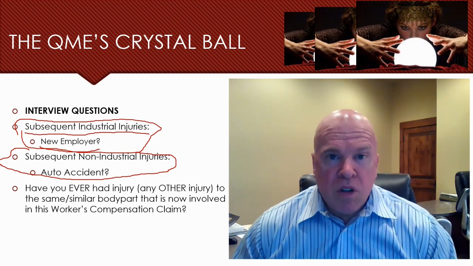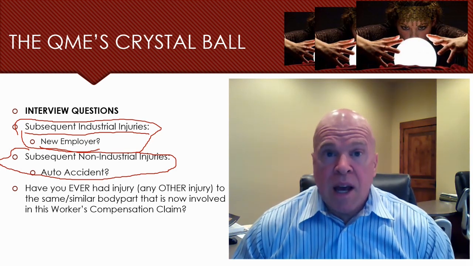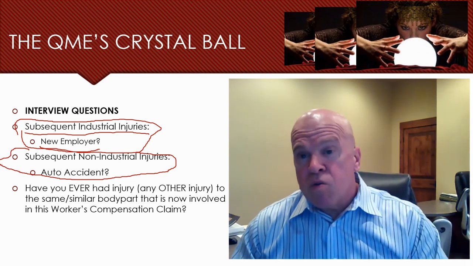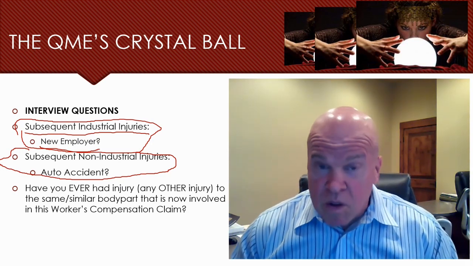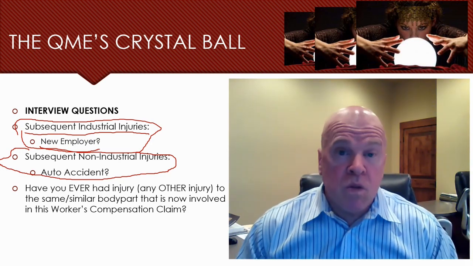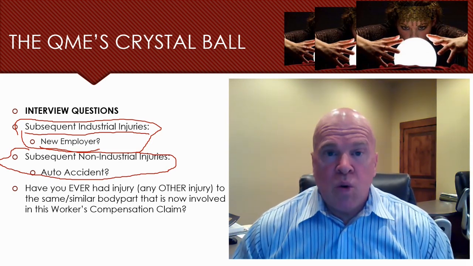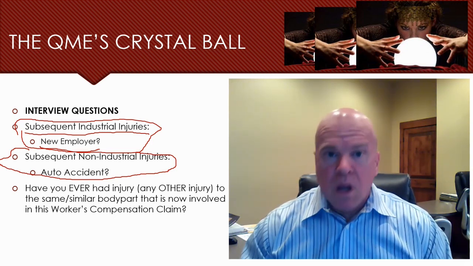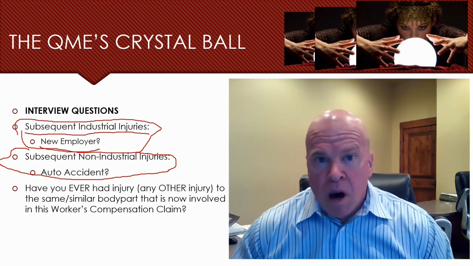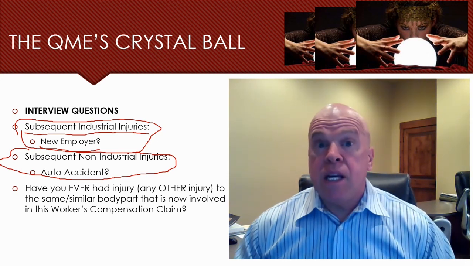And if you've been doing this for any length of time like I have, you'll agree that it's not uncommon to have examinees who have had an industrial injury and have then had a subsequent auto accident injury that compounds and confounds the situation. I recently had an examinee who had a cumulative trauma industrial injury and then was variably off work on total temporary disability for a period of about 18 months.